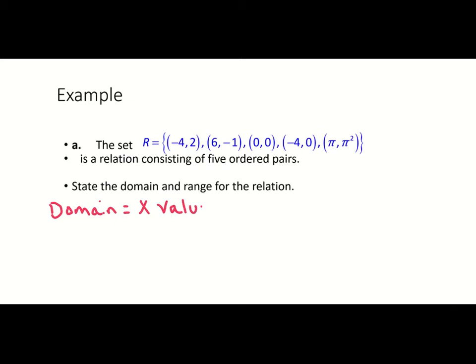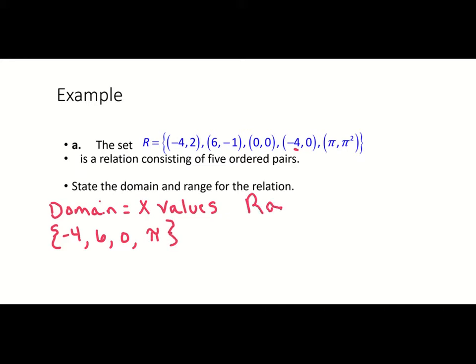So it's any X values that could be in the relation. So in this case, we have -4, we have 6, 0. Again, -4 is already listed, so I'm not going to list it twice. If it's in there twice, that's okay, but you don't have to write it twice. And then pi, and that's my domain.